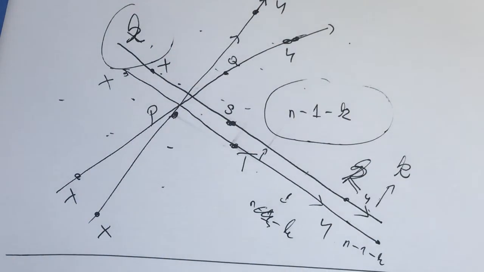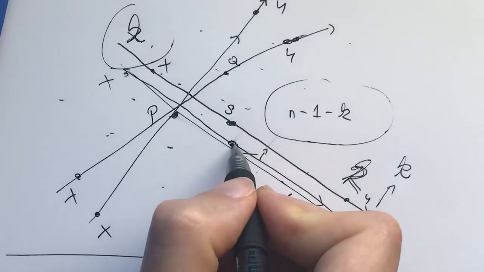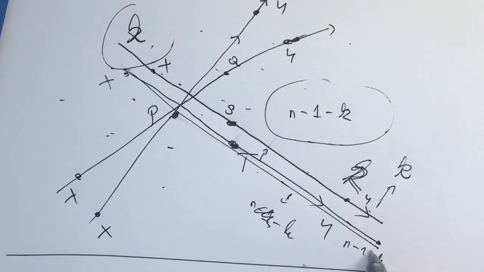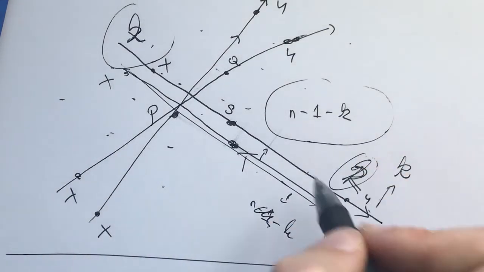So in that way, there can only be really one line through that point such that xy has n minus 1 minus k on one side and k on the other side. Specifically on the right side, it has n minus 1 minus k, and on the left side, it has k points.